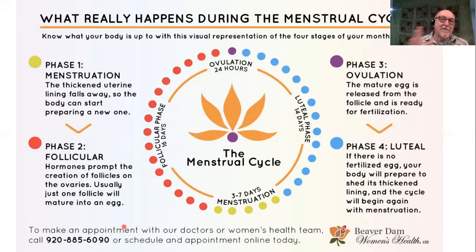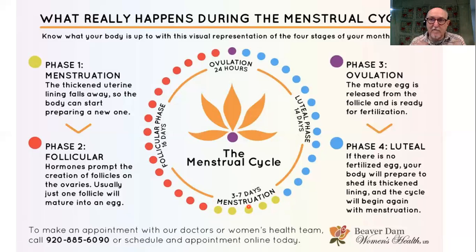So we recognize different phases to the menstrual cycle. And it's always counted from day one of bleeding. And the bleeding can take between 3 and 7 days. There's a lot of variability in menstrual cycles from woman to woman. And in fact, a menstrual cycle may differ from one cycle to the next.